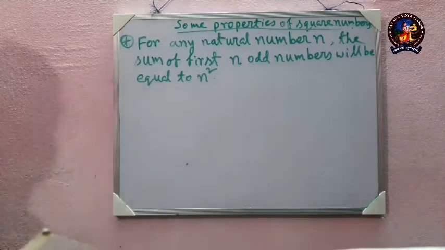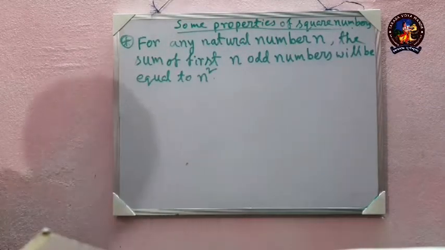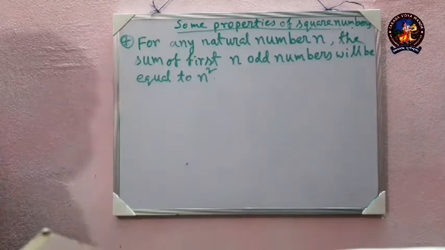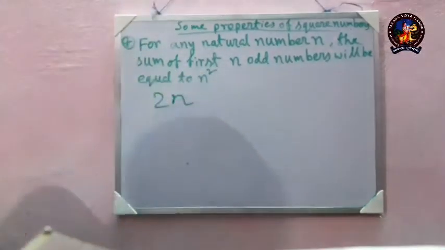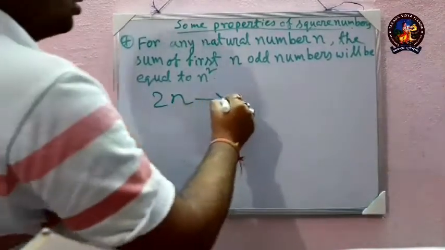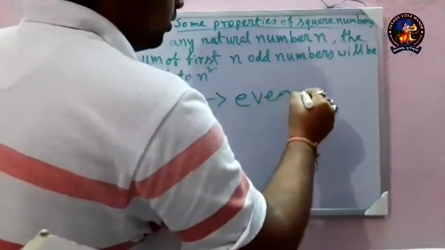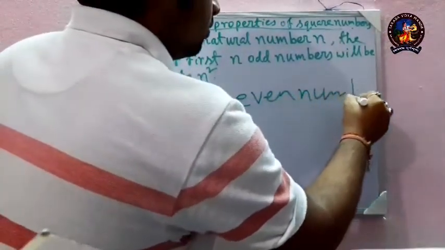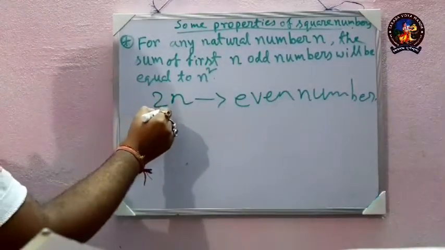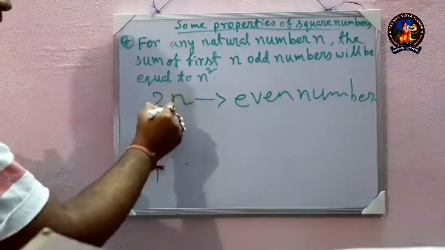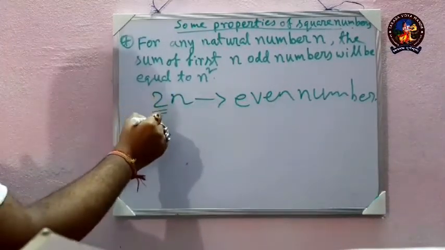This is the next property of the square numbers. I have discussed that 2n is always an even number. Since n is multiplied with 2, that is an even number.